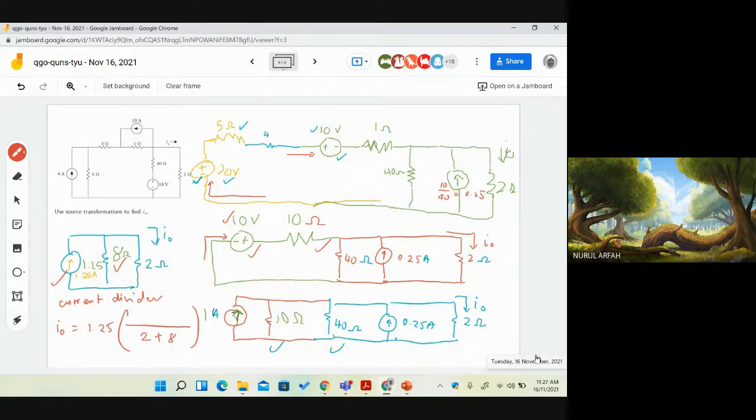Upper part here. Can someone write down for me? And is it positive or negative? Okay, yes, correct. Into 8 and divide by 10. And the answer is 1 ampere. Yeah, correct. The sign is positive. Okay, clear?